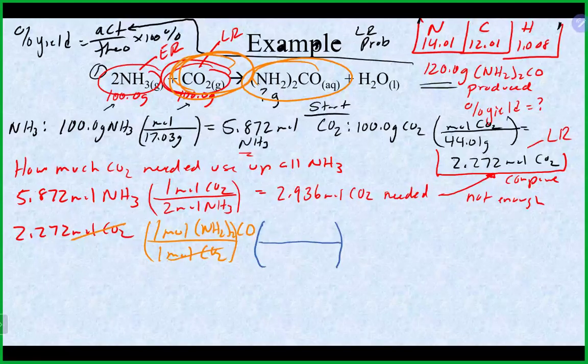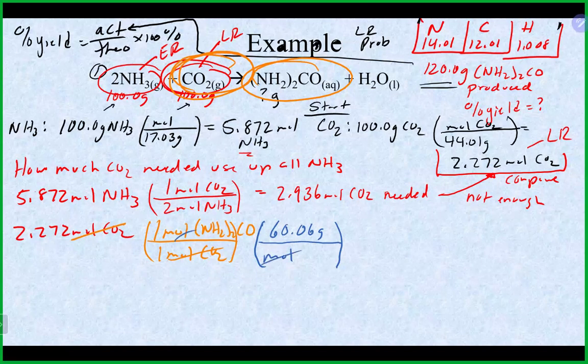I'm going to go back to the periodic table and calculate the molar mass of my product. So that is 2 times 14.01 for the nitrogens, plus 4 times 1.008 for the hydrogens, plus 12.01 for the carbon, and 16 for the oxygen, which I think we also had in the previous problem, 60.06 grams per mole from the periodic table.